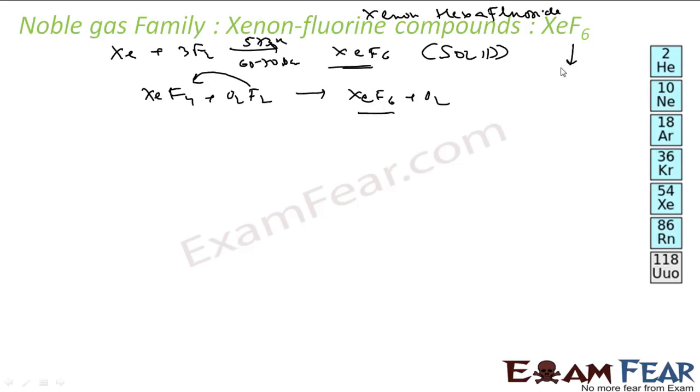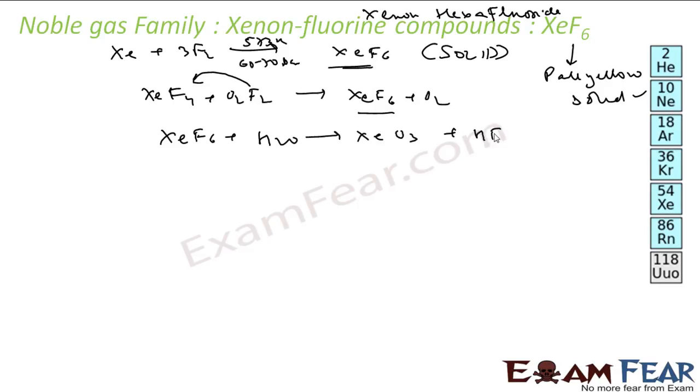Okay, it is pale yellow solid, and it reacts violently with water. So if you have XeF6, you have water molecules, a violent reaction, it forms xenon trioxide and hydrofluoric acid. Okay, if you do a hydrolysis of xenon hexafluoride, you get two products, and this is an important reaction.